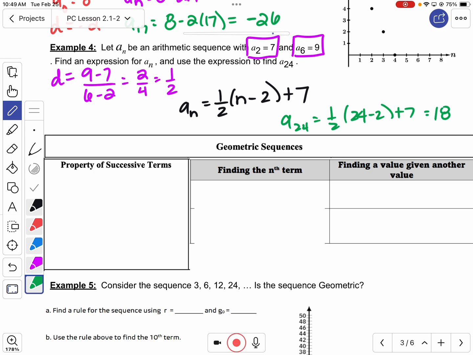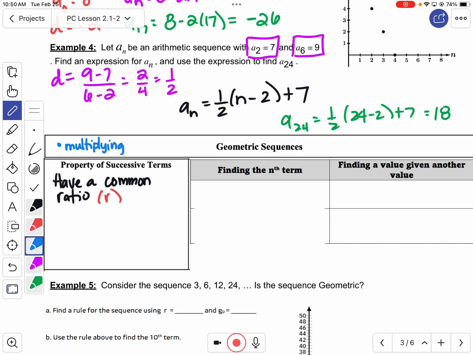So when we're dealing with our geometric sequence, they have a common ratio. And because they got super creative, they use R to represent that, just like for common difference, they use that D. Now, what that means is we are either multiplying or dividing.